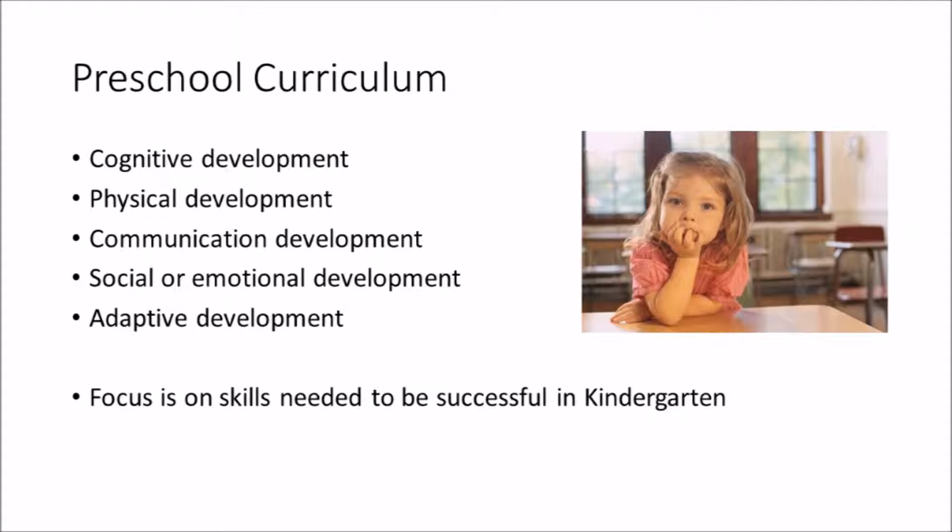Communication development, expressive and receptive communication, natural speech, sign language or through a communication device. Social and emotional development, some examples are appropriate peer interaction, socialization, behavior. And then adaptive development, self-help skills, toileting, feeding, dressing, etc.